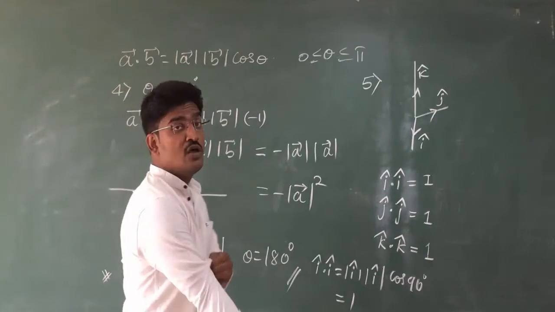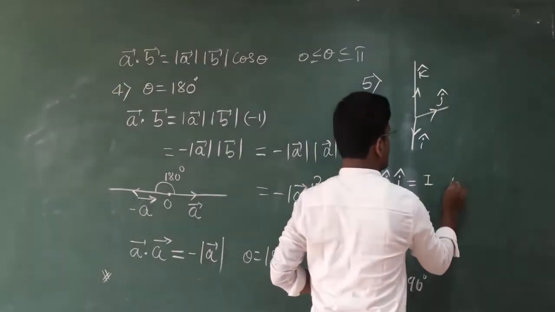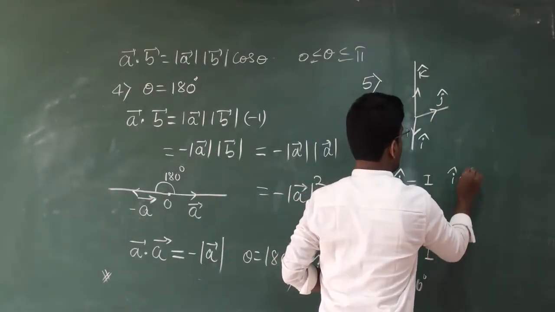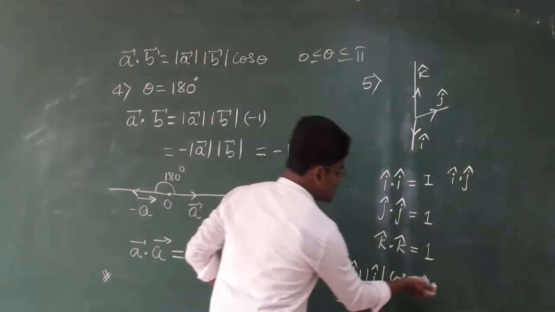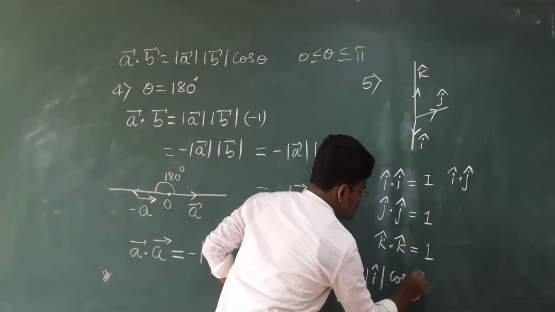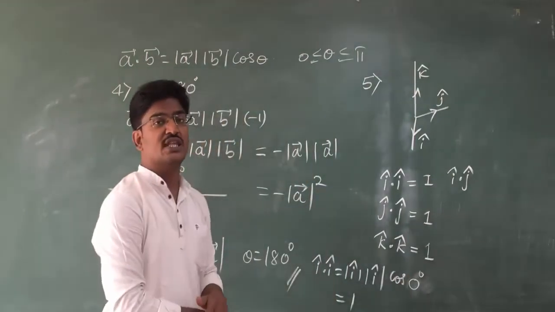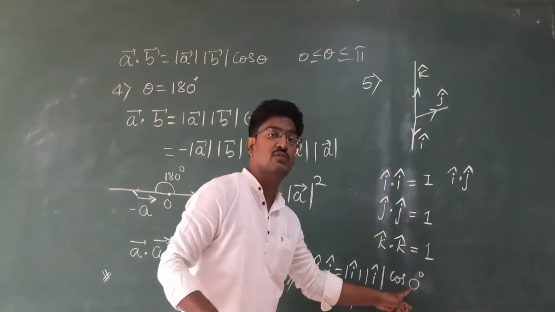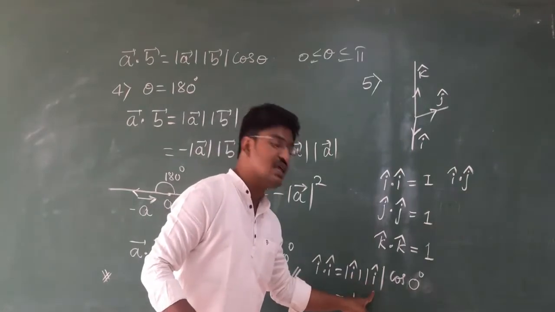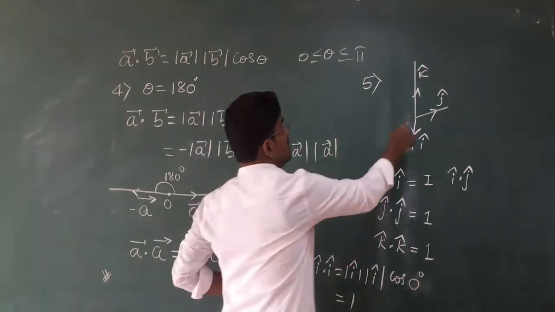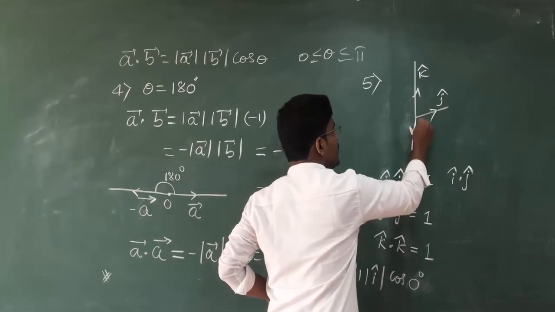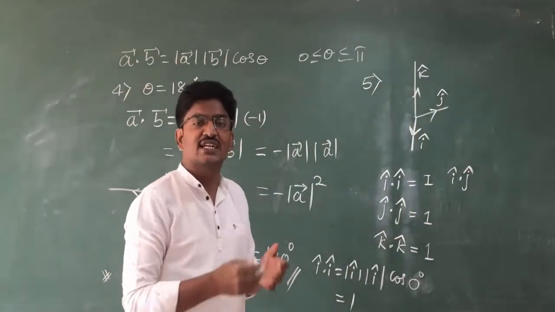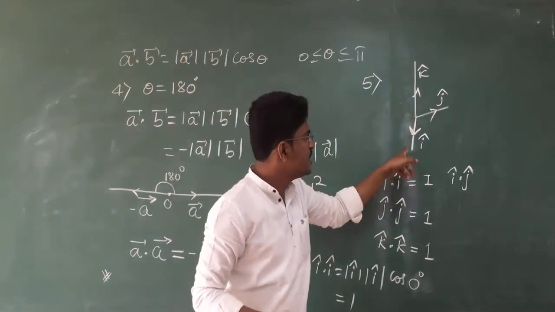What if I take I cap dot j cap? Sorry, here not cos 90 degrees, this is cos 0 degrees, because I cap with I cap. For I cap itself, it's making an angle of 0, that is nothing but I cap dot I cap.